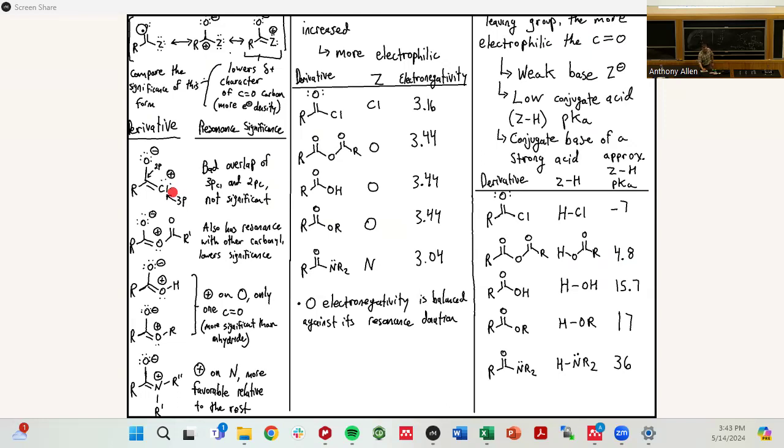That was also formed by overlap of a lone pair in a 3p orbital at chlorine with a 2p orbital at carbon. That overlap is less strong than for oxygen in a 2p orbital. Since this resonance form took away electrophilicity, this is not as relevant of a resonance form. You actually have more electrophilicity in an acyl chloride than the rest. It's also because chlorine is the best leaving group.